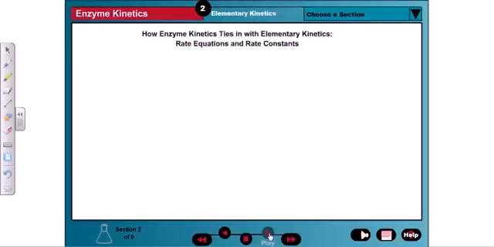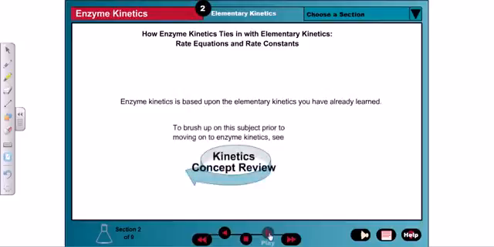Our first objective for this exercise is to show how enzyme kinetics relates to the elementary kinetics you studied in general chemistry.